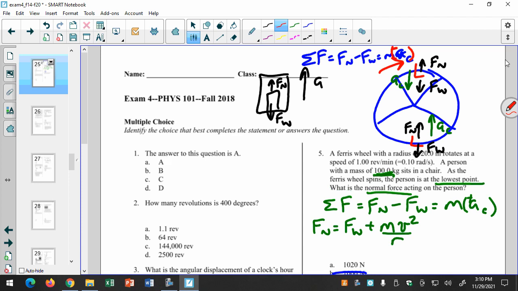Because it's a negative number, I get my normal force is equal to Fw minus m a_c at the top. Since the normal force is the weight minus this additional quantity, the normal force is less than the weight. Whereas down here, the normal force would equal Fw plus m a_c, because I have a positive acceleration.